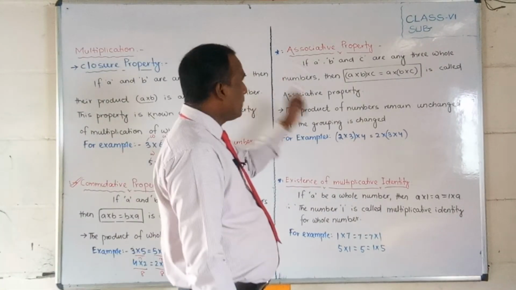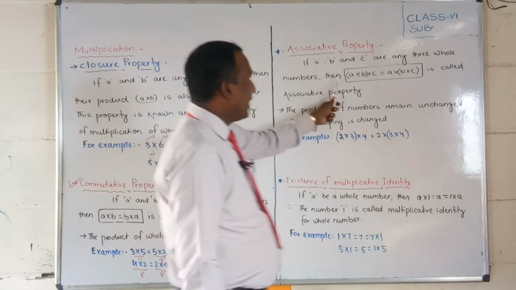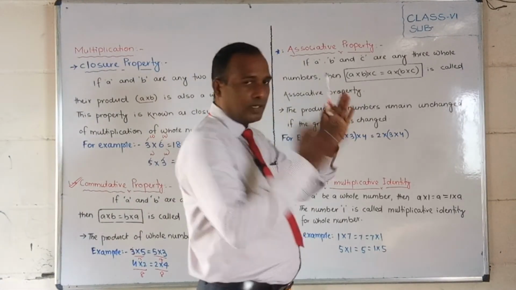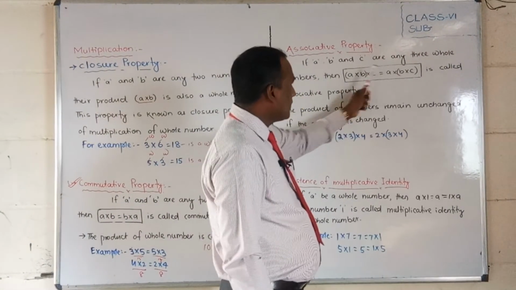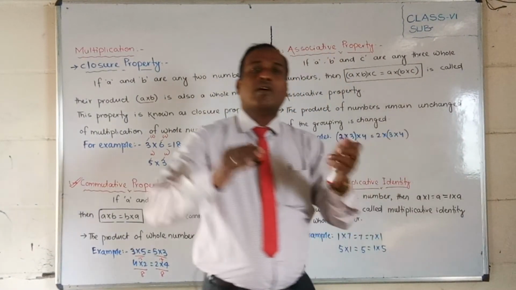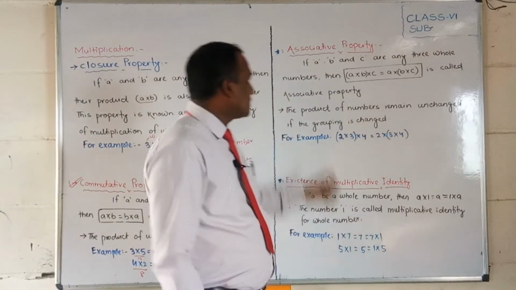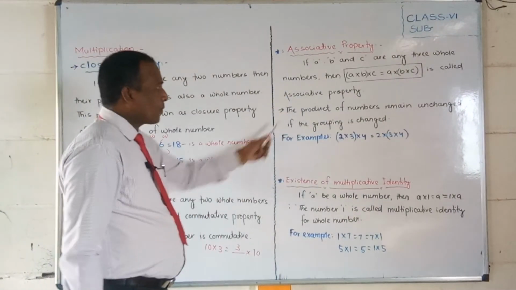So let us see what the associative property is. If A, B and C are any three whole numbers, then (A into B), we made that one group, into C is equal to A into (B into C), where B into C is another group. So both sides the product will be the same.